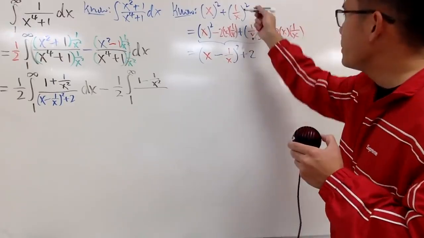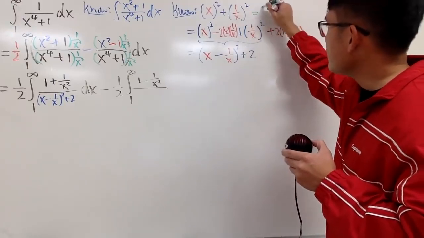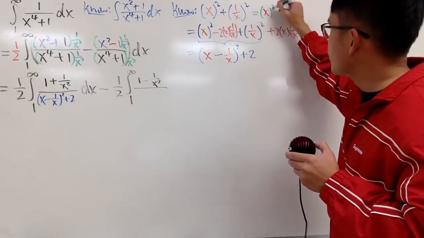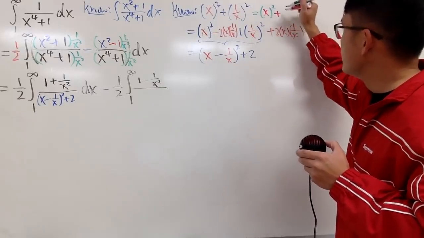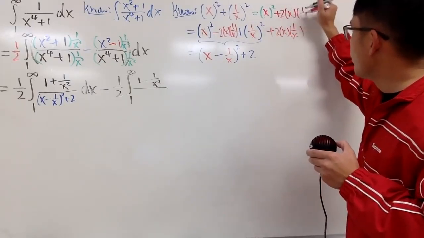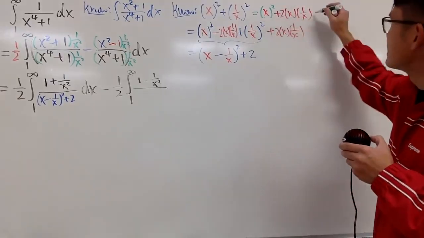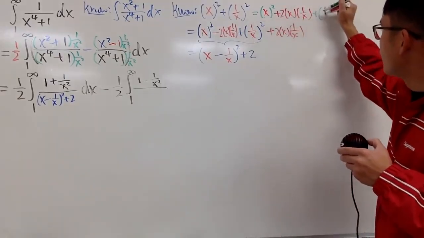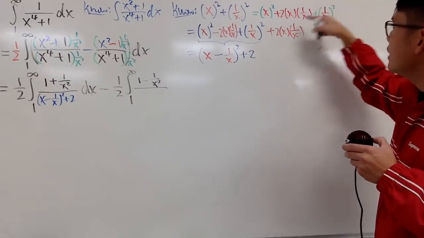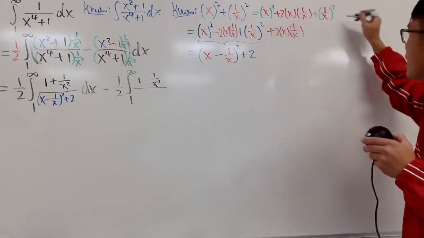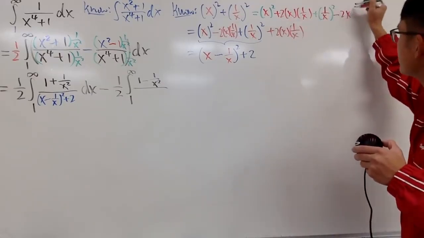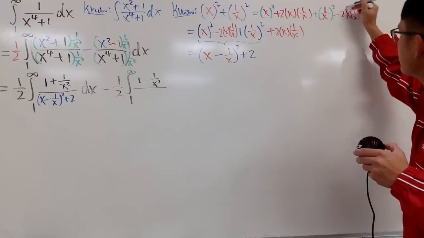Instead, I will be looking at this as parentheses x squared and then plus 2 times x times 1 over x, and then plus 1 over x squared, and of course I add this, so I will have to subtract 2 times x times 1 over x, like this.